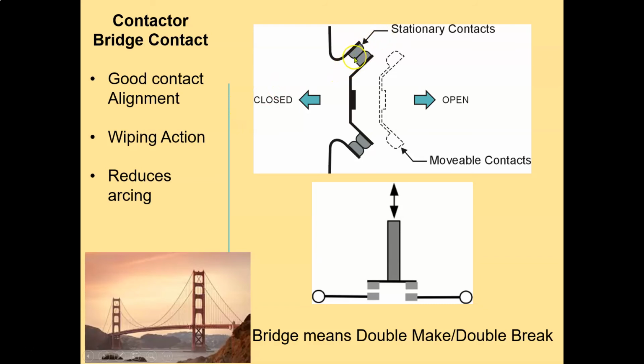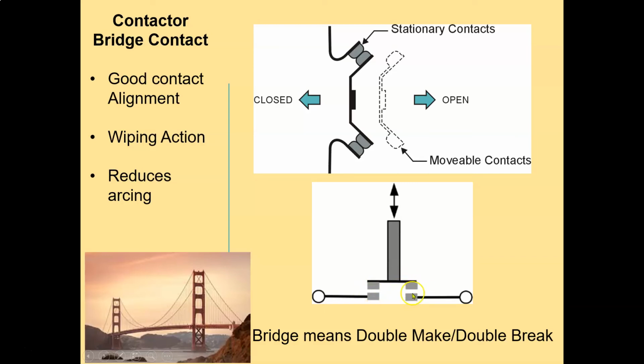That's why they're at an angle here, to give you that wiping action to pretty much self-clean those contacts. Then we have bridge means double make and double break. That means that when this armature is pushed down, you have two makes, it's going to make on either side here, and when you open it up, it's a double break.